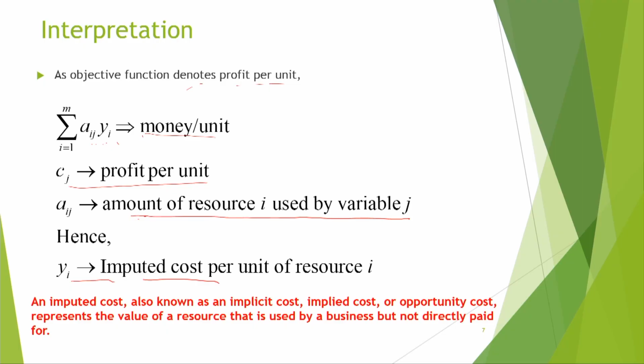Imputed cost, also known as implicit cost, implied cost or opportunity cost, represents the value of a resource that is used by a business but not directly paid for. That means you are accounting for it, but not paying it. You are utilizing some worker, and the worker is making a product, so naturally there is an imputed cost of that worker based on what they make, but you may not be paying that exact amount. That is a different thing, but it is accounted.